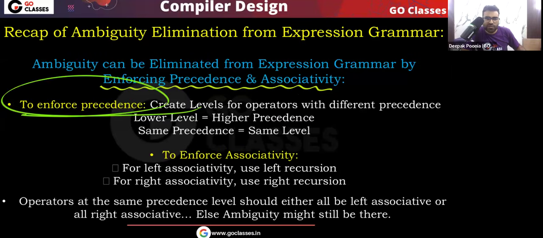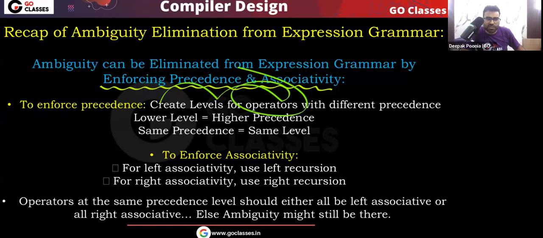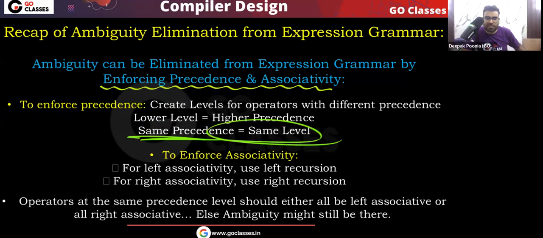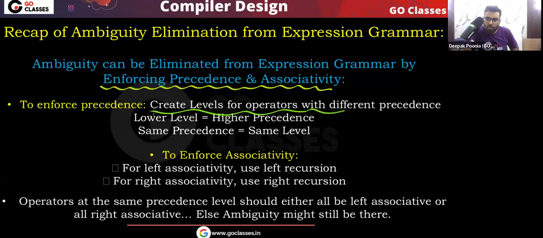To enforce precedence, we will create levels for operators with different precedence. Higher level means lower precedence, lower level means higher precedence, and same level means same precedence. Very simple. Lower level means higher precedence.